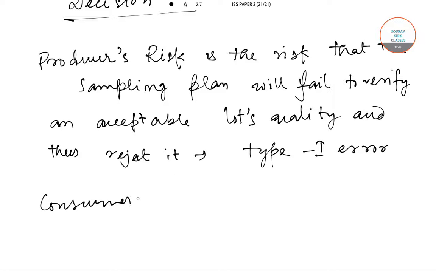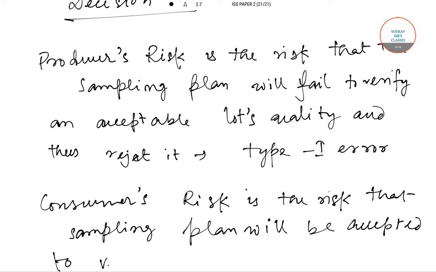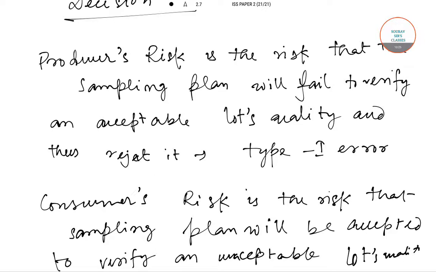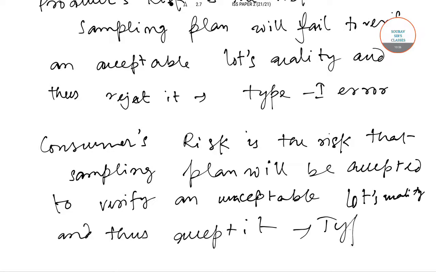Consumer's risk is the risk that the sampling plan will be accepted to verify an unacceptable lot's quality, and thus accept it. This is actually type 2 error.